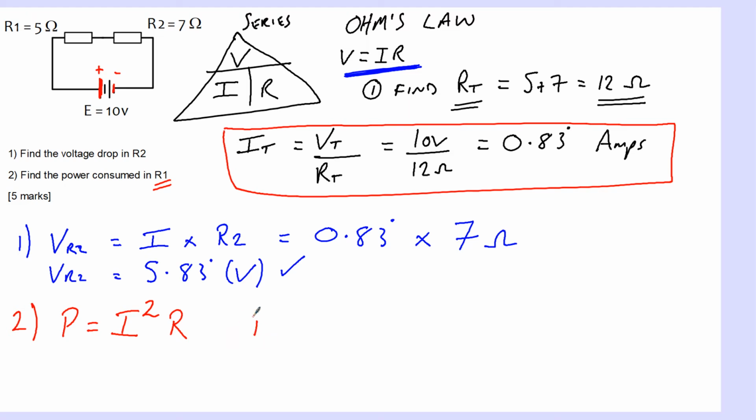So power in R1 I'll call PR1. You can call it what you like. It's equal to the current squared. Remember there's only one current because it's a series circuit. 0.83 recurring squared times the resistor value of R1, which is 5 ohms.